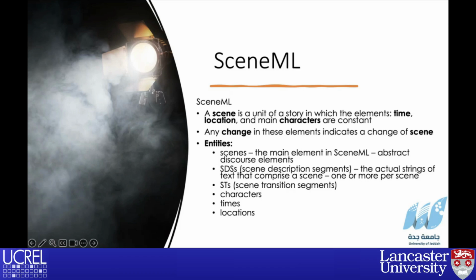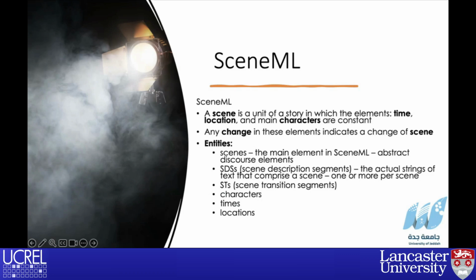SceneML defines a scene as a unit of a story that has three basic elements: time, location, and main character. If any of these elements change, then we have a change in a scene. SceneML has entities. So first it has scenes, which are the main element in SceneML. Scenes are abstract resource elements, so they are not explicitly annotated in the text.